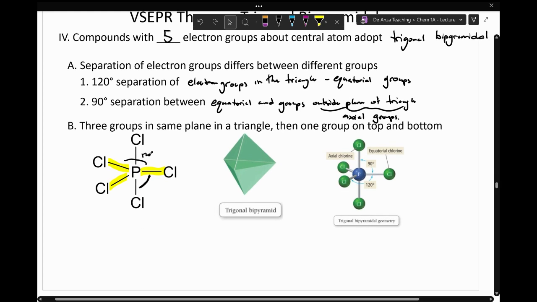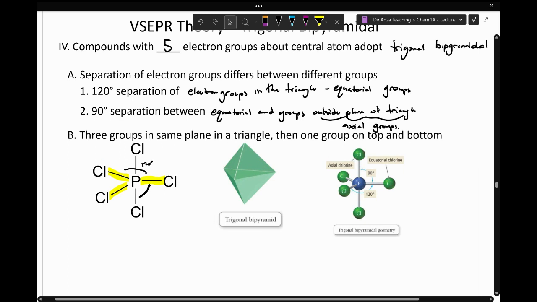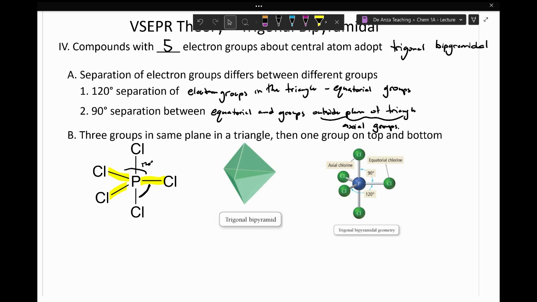And so when we're drawing this, I had the drawing below to demonstrate what I was talking about with those separations. We put 3 groups in the same plane in a triangle, and then we put 1 group on top and 1 on bottom. And I'm showing that below here.